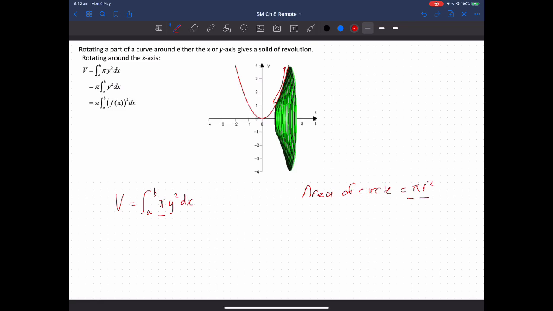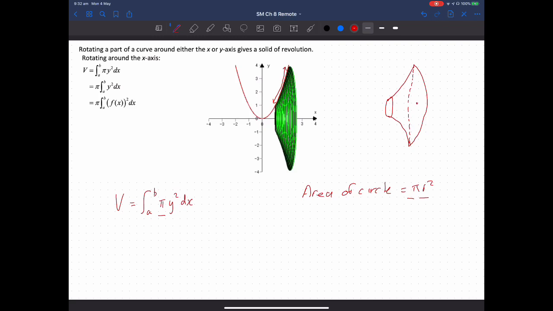R is the radius of the circle. If you have a look at our three-dimensional shape, it is made up of an infinite number of circles. Just like when we were working out areas, they were made up of an infinite number of rectangles.